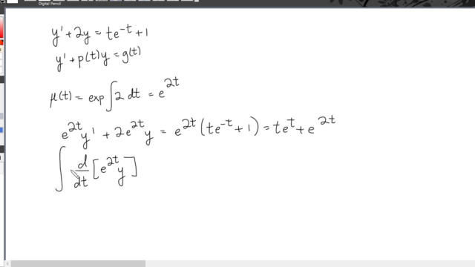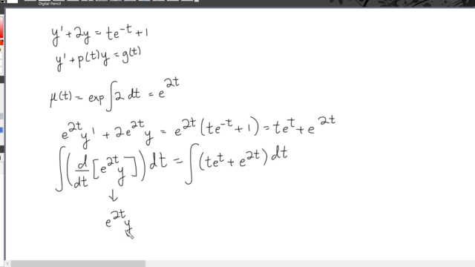And we want to integrate this and multiply dt, and then this is equal to this side, which is just t plus e to the power of 2t times dt. And so this whole thing is simply just e to the power of 2t times y.